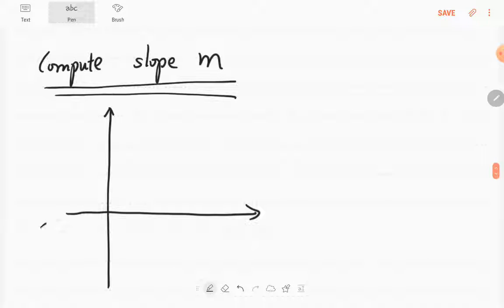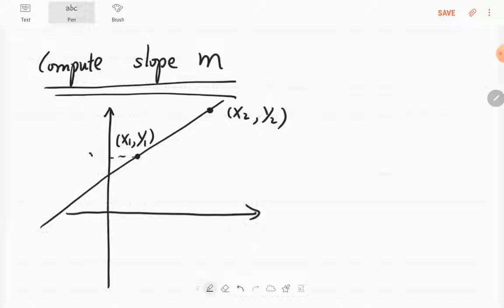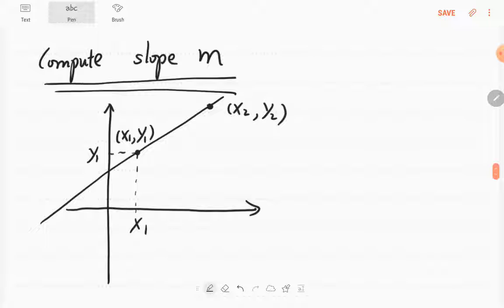If you have a straight line, we pick two arbitrary points. This point is (x1, y1). This point is (x2, y2). So here is y1, here is x1, here is x2, and here is y2.